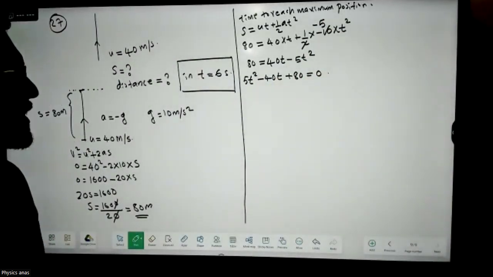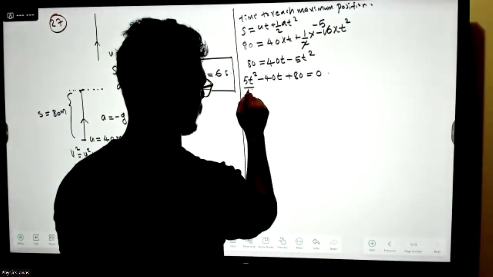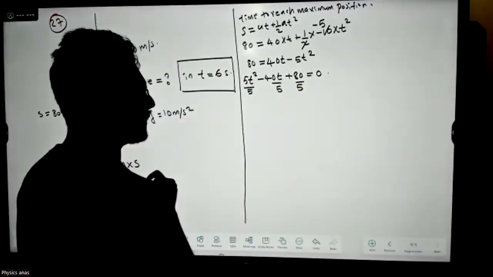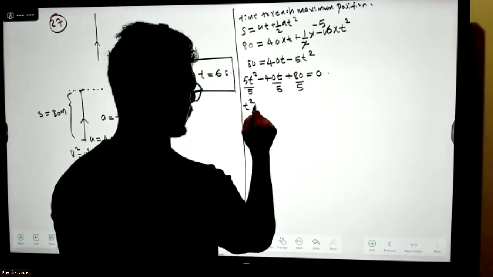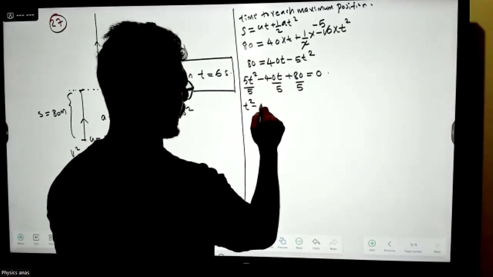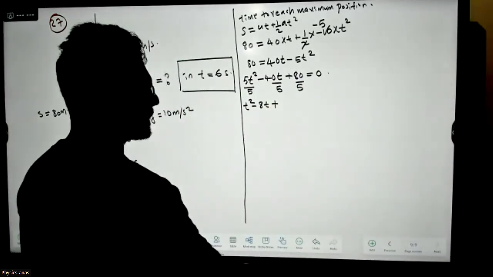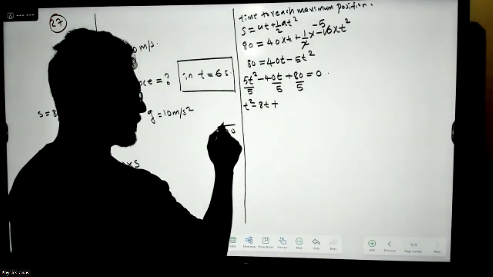And you can cut this value with 5. What will that be? So t square minus 8t plus, 80 divided by 5 will be what?